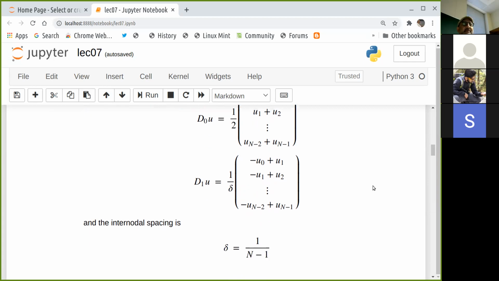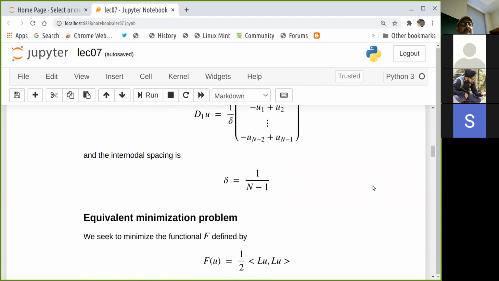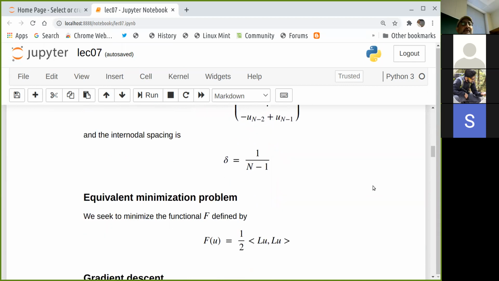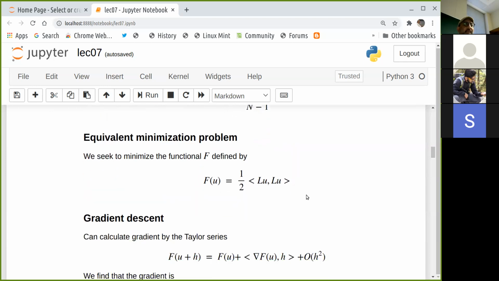Okay, the internodal spacing is delta, which is 1 over n minus 1. Okay, this is equivalent to looking for, if you define a functional f of u equals 1/2 Lu inner product with Lu, and you can make that equal to 0, then that means that Lu is equal to 0. And then you've solved your problem. So this is an equivalent problem.